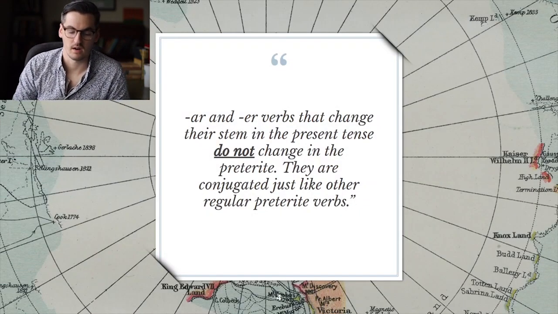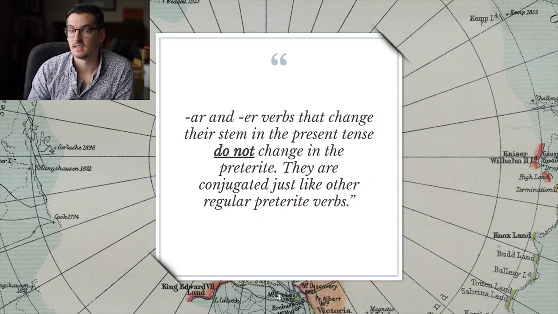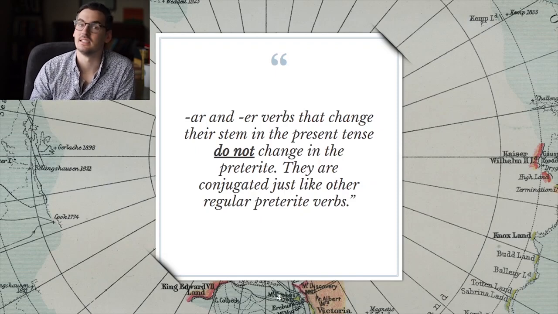First, AR and ER verbs that change their stem in the present tense, like entender, do not change in the preterite tense. So if it does change to entiendo, then the I understood, the preterite tense, would not be entiendí, it would be entendí. You don't change the E to an IE in the preterite tense.